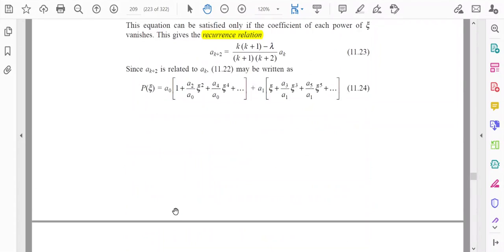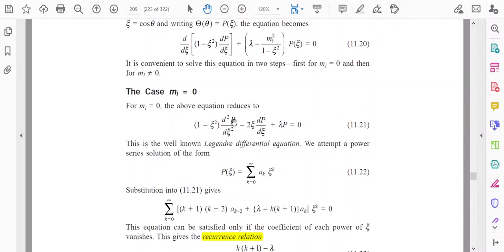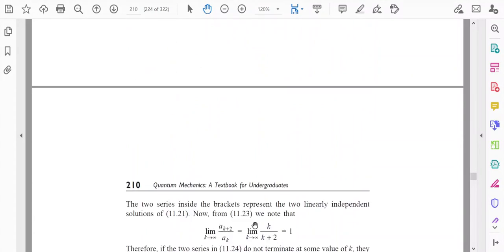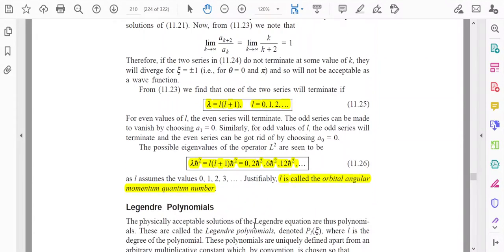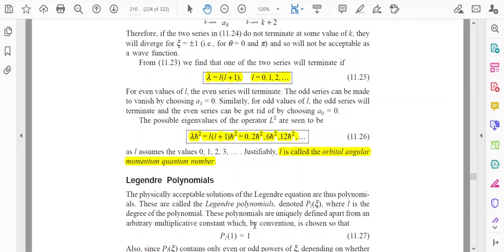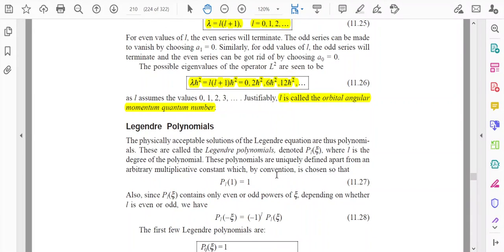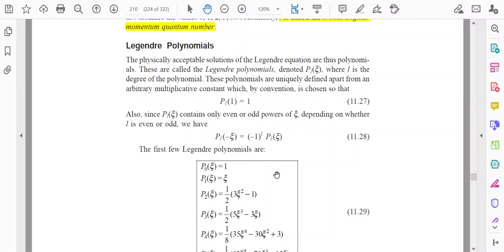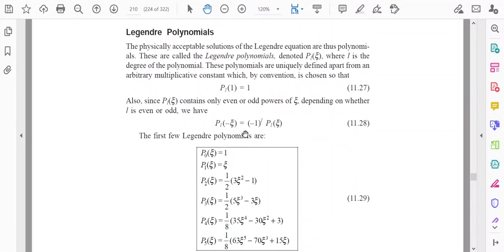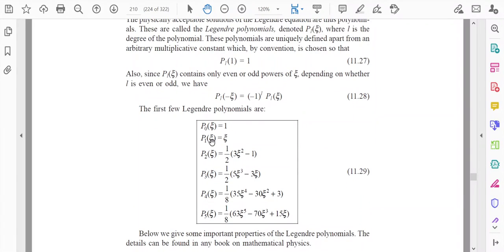Now we have already told that this equation is known as the Legendre differential equation, and details of the Legendre differential equation have been described in any standard mathematical physics textbook. You are requested to go through the details regarding the Legendre polynomials there, and you can find that there are Legendre polynomials for different values of L. For example, for L equal to 0, P0 zeta will be 1.